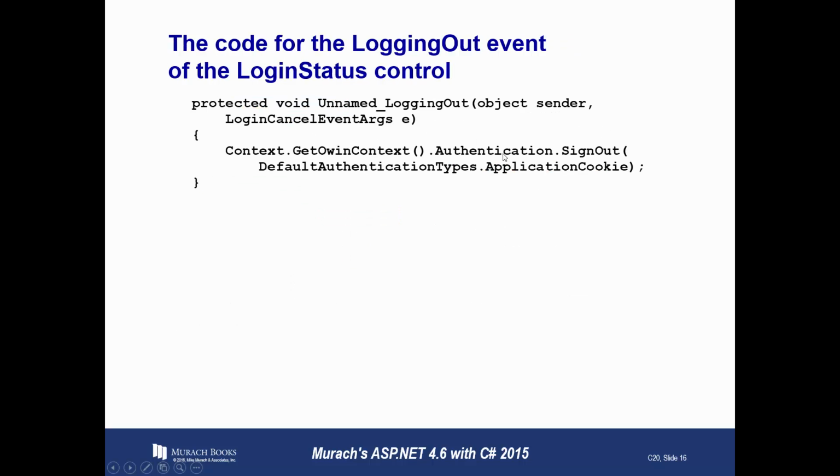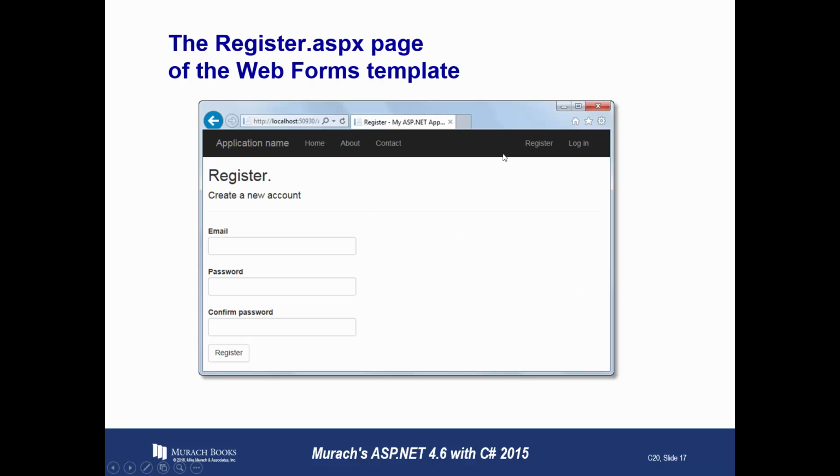So when you go in to register a user, it looks like this. When you click the Register button, it asks you for an email, a password, and a confirm password. I could be wrong here, but I believe the email just has to be formatted correctly. In other words, I don't think it has to map to a real email. So if I put hello@goodbye.com or something, it should take it just fine.